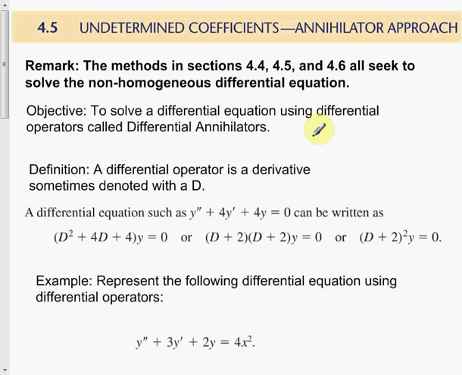So we did that back in section 4.4, but here in this section, what we want to do is to ask the question, what derivative, if we can claim the derivative as being an annihilator or operator, I should say. An operator is a function that when applied to another function somehow changes the form of that function.